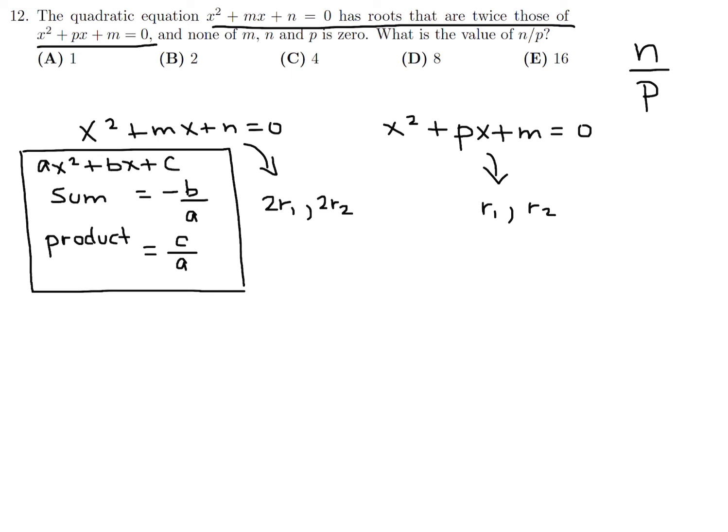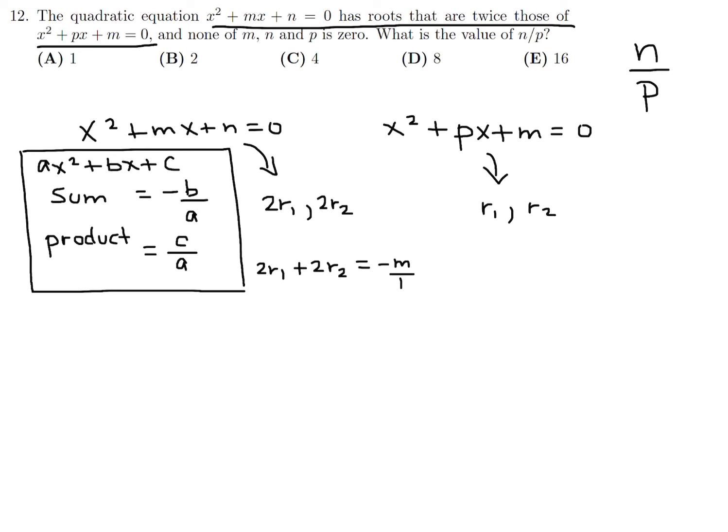Now we get into these formulas. For the first one, the sum 2r1 plus 2r2 is equal to minus b over a. What is minus b over a in this equation? It would be minus m over 1.